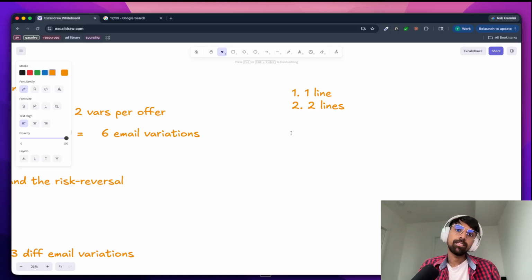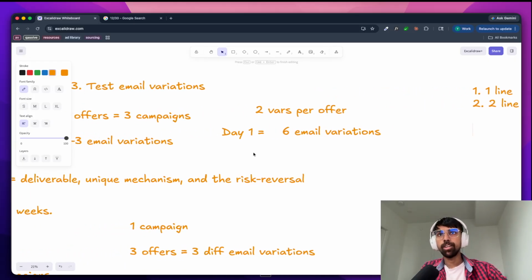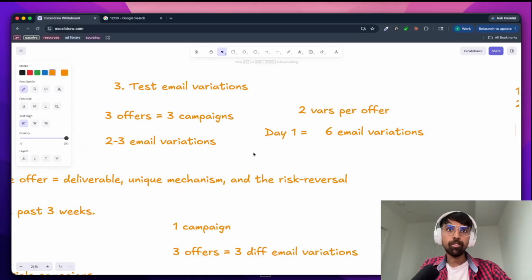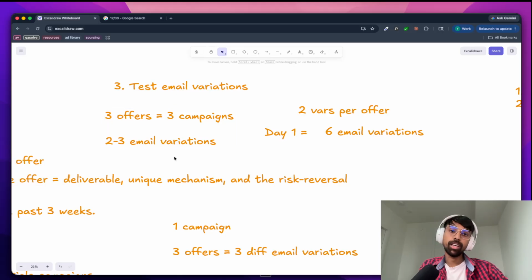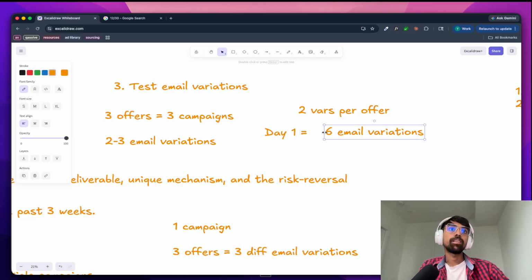The second variation, which is conveying the exact same offer, can be a 60, 70, 80 word email. So we are essentially wanting to test different ways of saying the same offer for a particular campaign. And so in total, if we have 2 variations per offer, we'll be testing 6 email variations from the start.